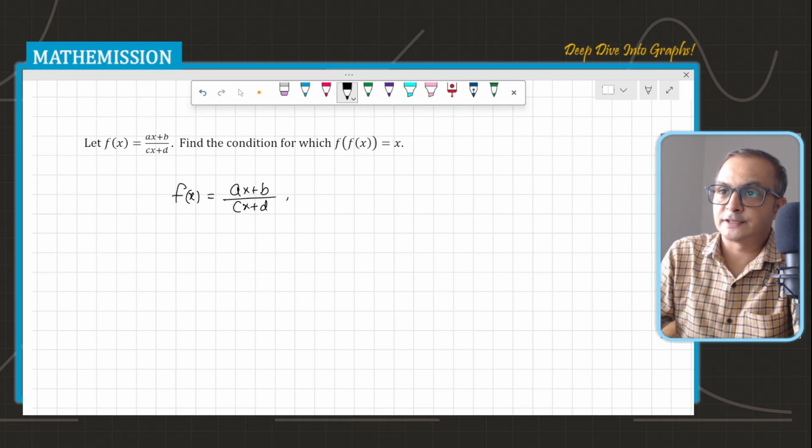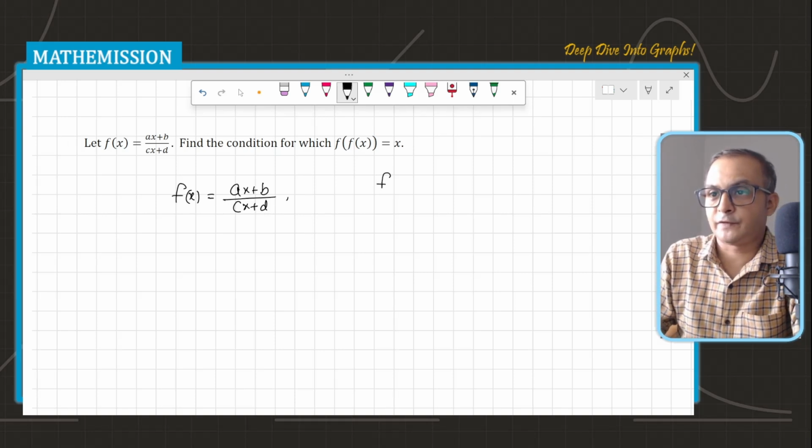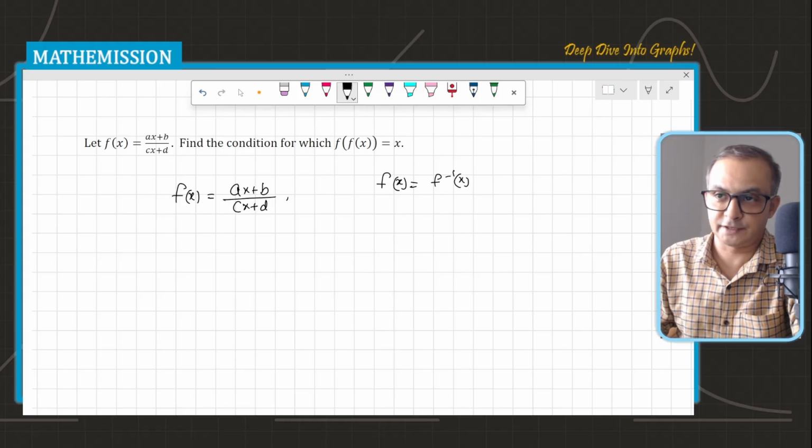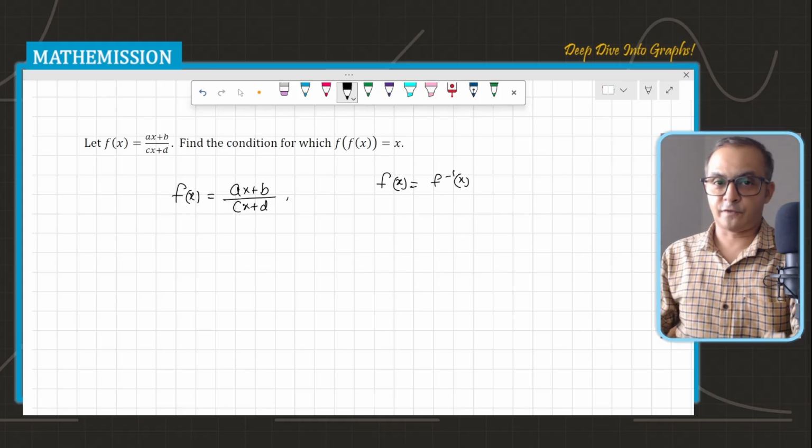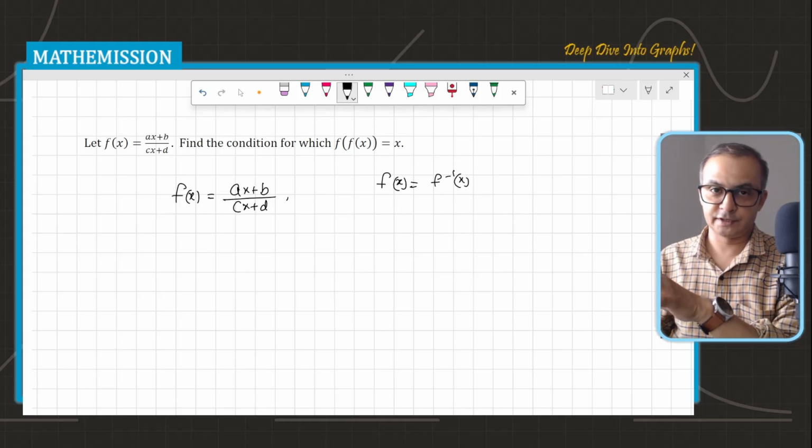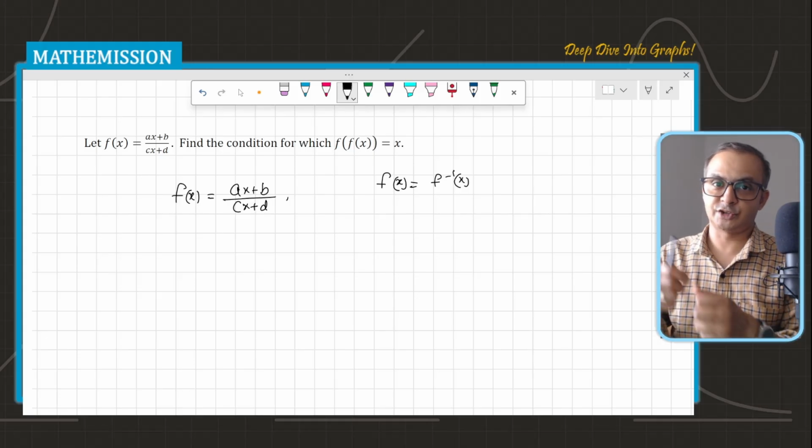So here you can see that f of f(x) is x is giving you the idea that f(x) is equal to f inverse of x. So it means that the function and its inverse is the same thing. It means if you find the inverse, you get the function back.